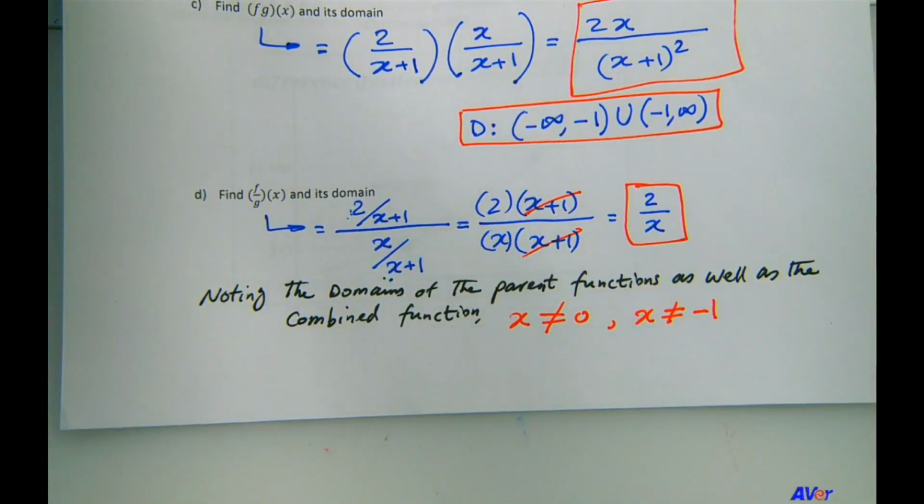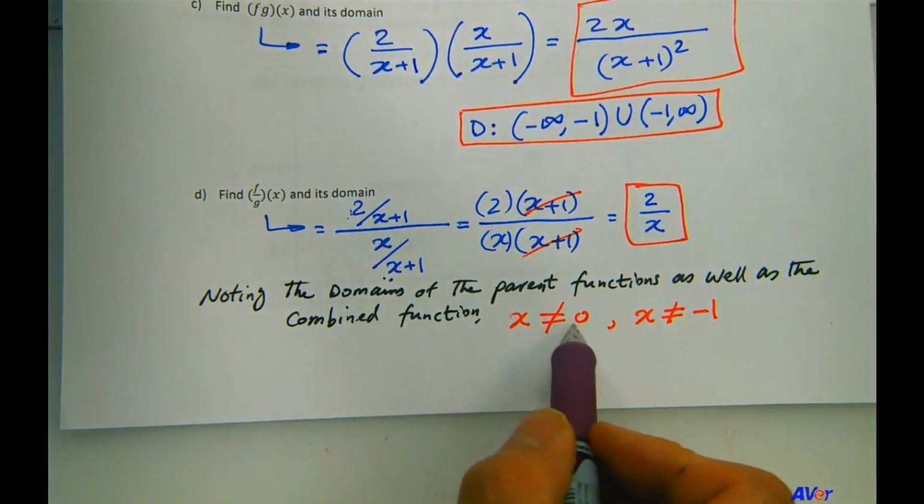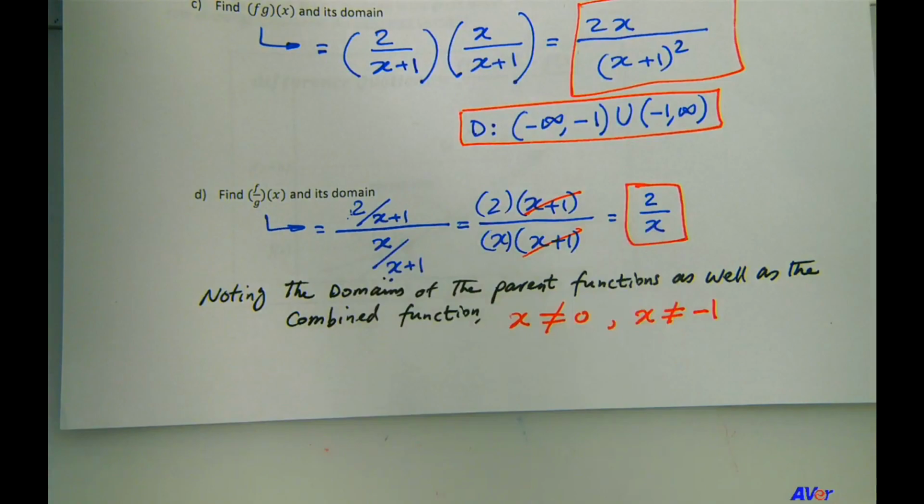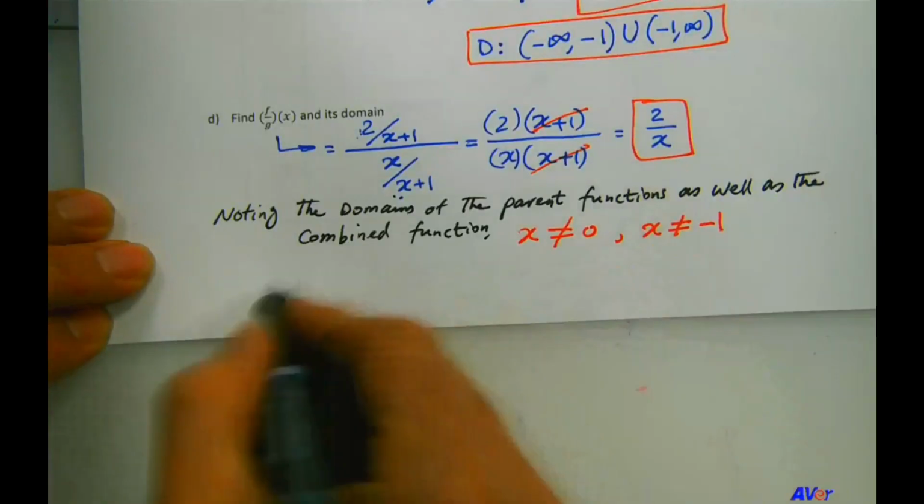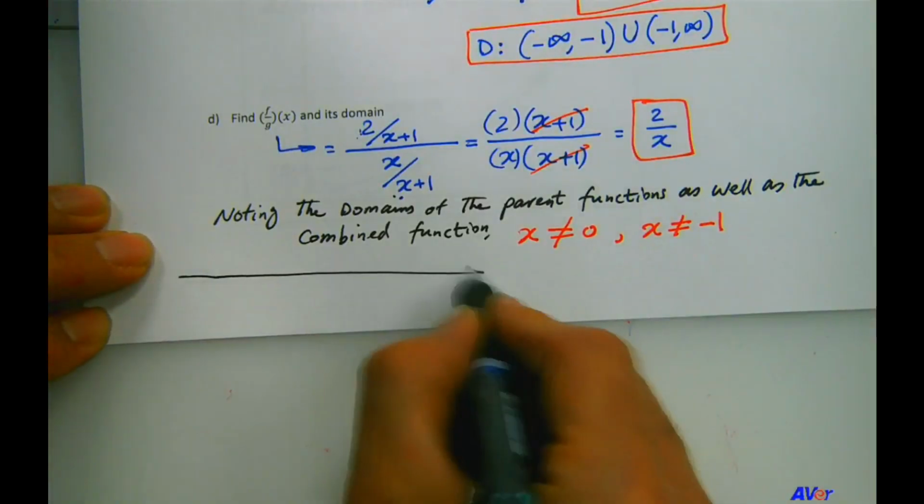There are two values that x cannot take. It cannot take 0 because of the combined function. It cannot take -1 because of the parent functions. So what do we get then? Let's draw a little graph here.